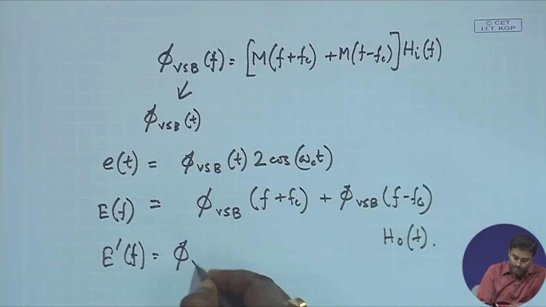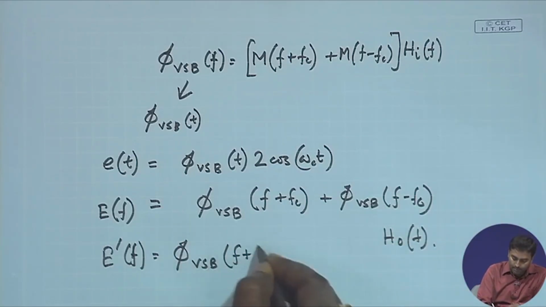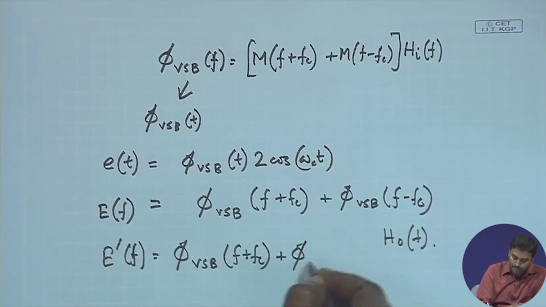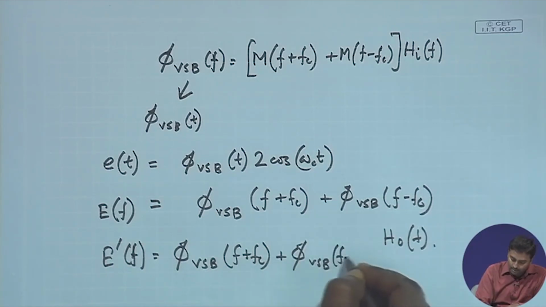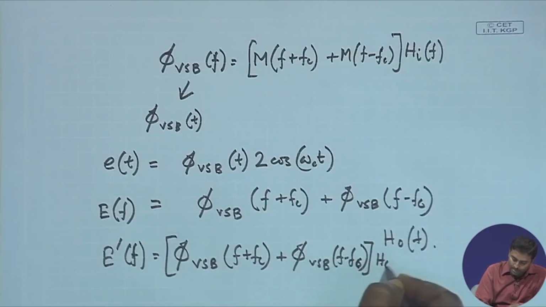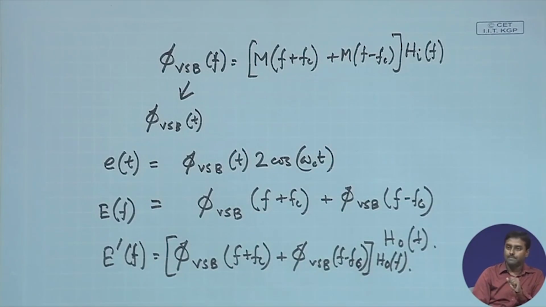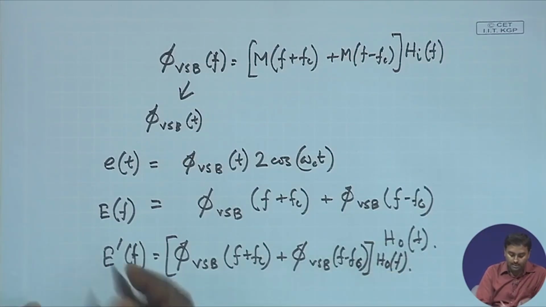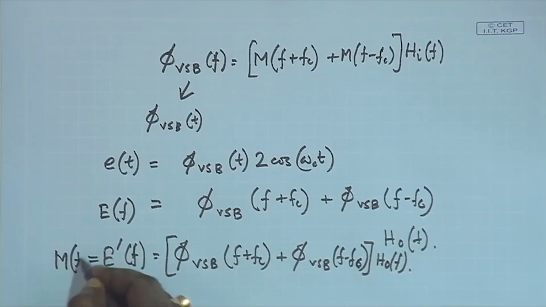So, that should be Vsb F plus Fc plus phi Vsb F minus Fc multiplied by HOF, right. And what do we expect? If I design my HOF correctly, this should be my MF, right. So, I should get my signal back because I am doing the demodulation.